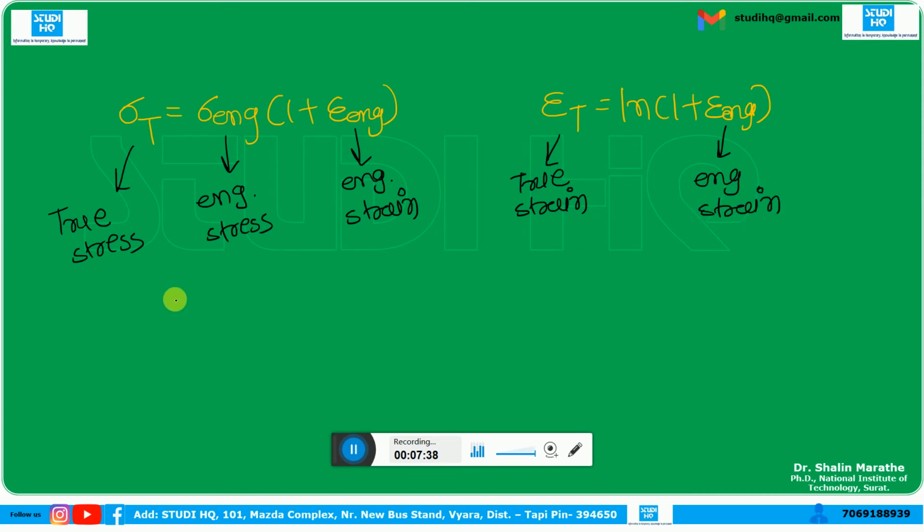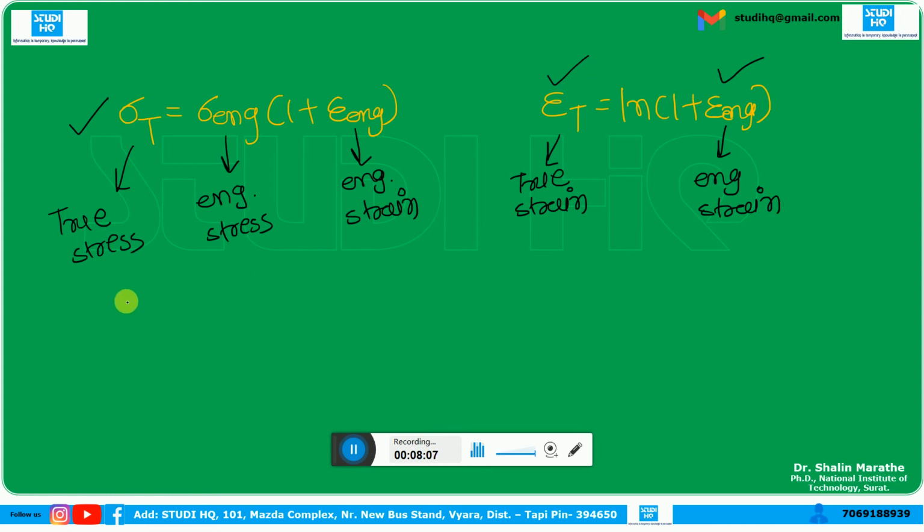So there is a clear relation between the true stress and engineering stress, and true strain and engineering strain. If you know the engineering stress value and the engineering strain value, you can calculate the true stress. If you have only the engineering strain value, then you can calculate the true strain.